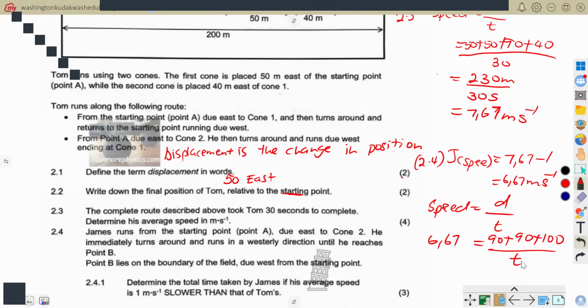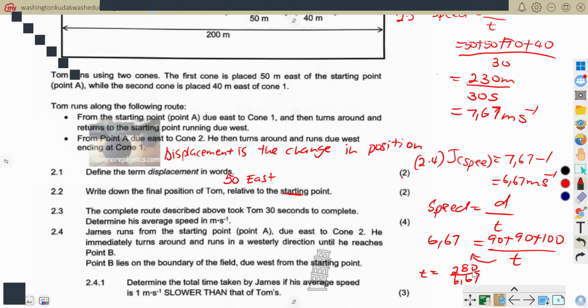So for us to find the time now, we will interchange these, so that your time taken will simply be equal to this total, which is 90 plus 90 plus 100. That will give you 280. And then you divide it by 6.67.